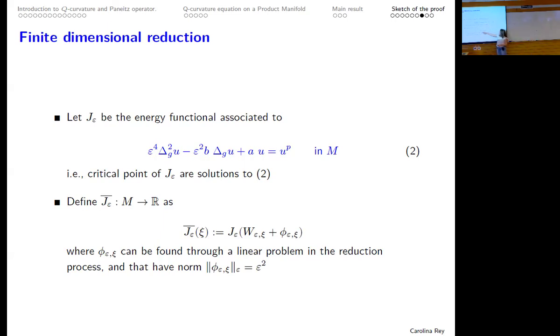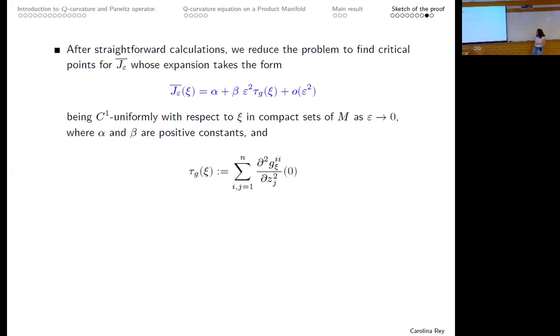If we evaluate this function J bar on the point where we concentrate our approximate function, we get this new function J bar. Well, what we prove, which takes a lot of computations, is that J bar can be approximated by this quantity. We can reduce the expression of J bar to this one. So critical points of J bar will be close to critical points of tau sub g.